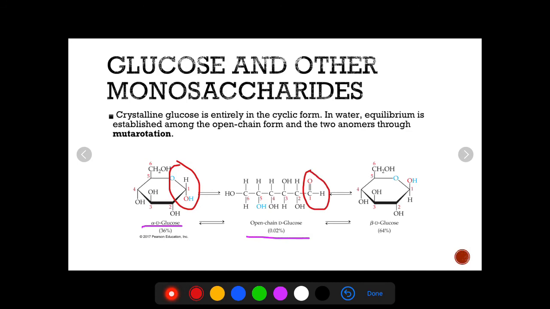So the open chain can close because the carbonyl group reacts quickly to form the hemiacetal again. And so as the ring opens and closes, the OH group on carbon 1, so the one we were just talking about, this guy right here, can form either the alpha or the beta anomer.